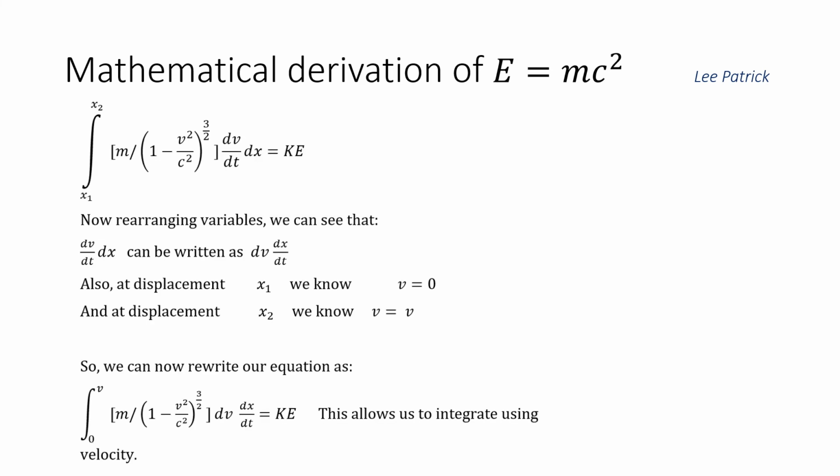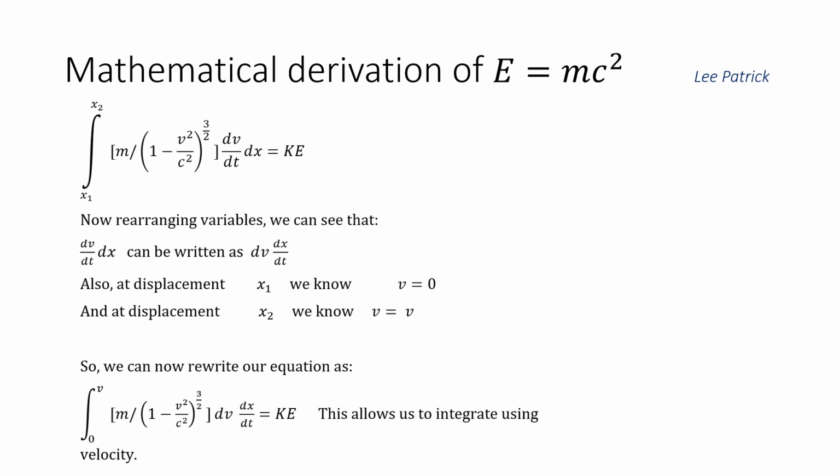Now, rearranging variables, we can see that dv by dt dx can be written as dv dx by dt. Also, at displacement x1, we know v equals 0, and at displacement x2, we know v equals velocity. So we can now rewrite our equation as the integral from 0 to v of m over (1 minus v squared over c squared) to the power 3 over 2, dv dx by dt, equals kinetic energy.